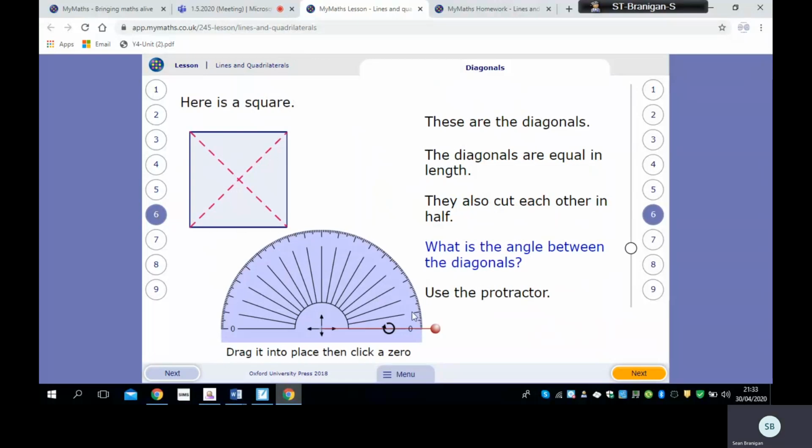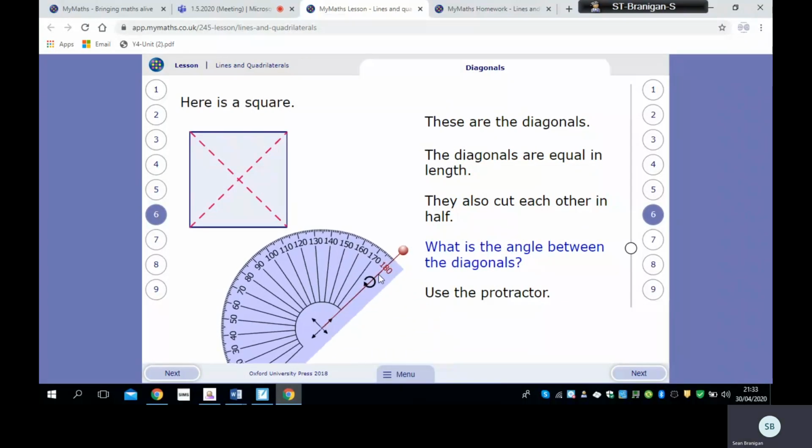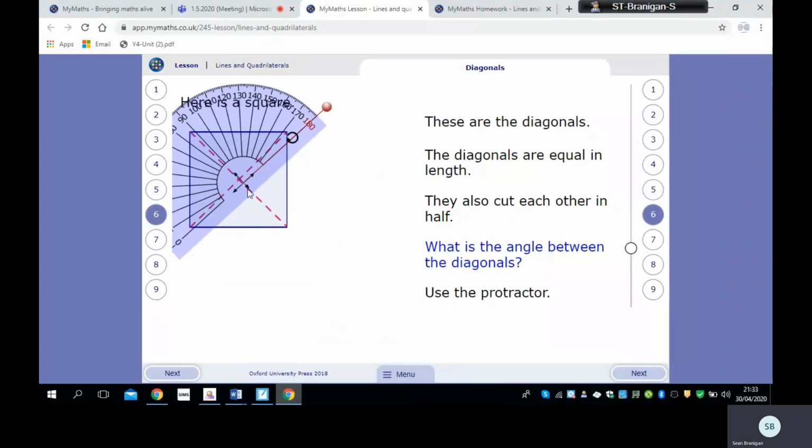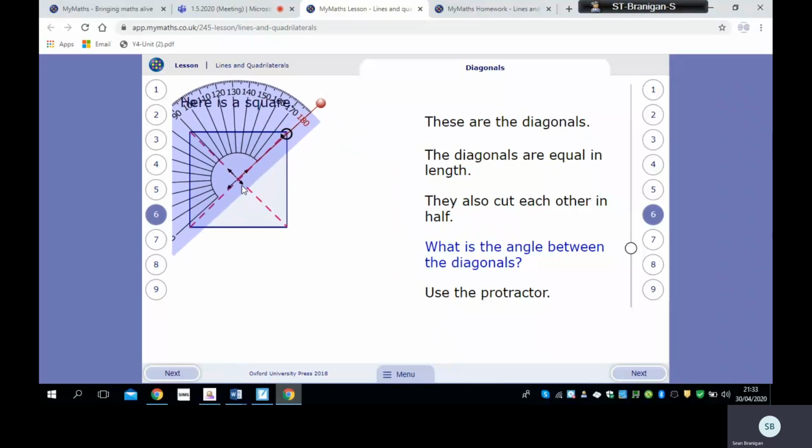The diagonal lines are going through each other. And we're going to check where they meet. Does it create a right angle? I've just given it away. I should have said, what angle do you think it will create? Because the square has sides of all the same length, sorry, let's do that again.